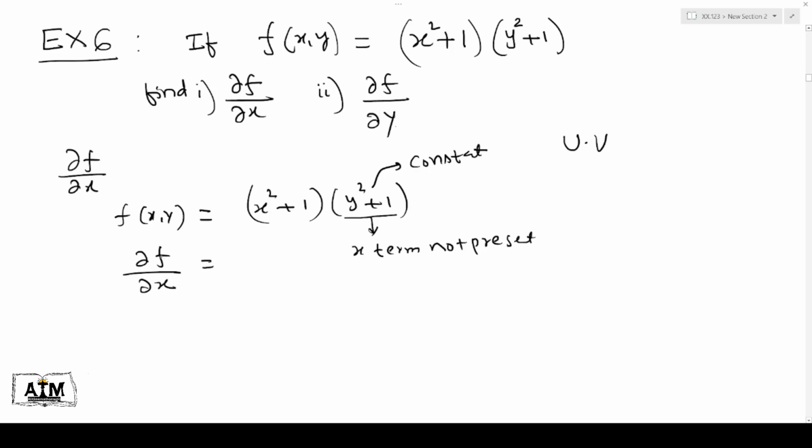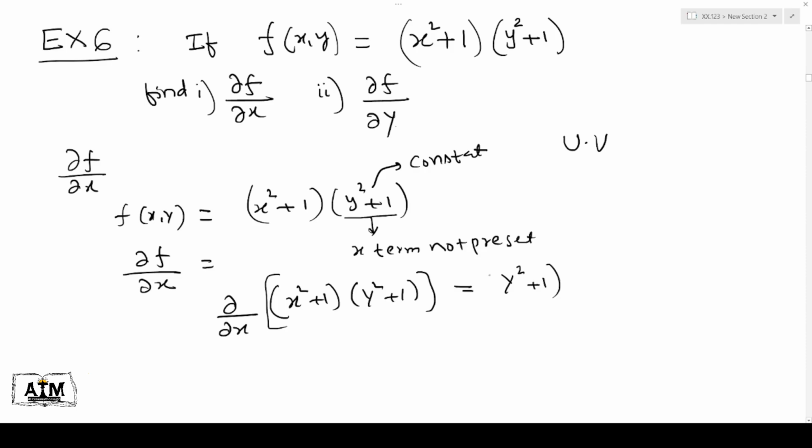Therefore, to find partial derivative of f with respect to x, what do you do? Partial derivative of given problem, x square plus 1 multiplied by y square plus 1. Now y square plus 1 is a constant, so it has to be taken out of operation.